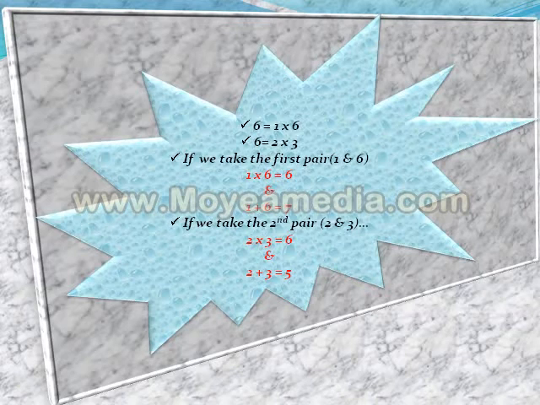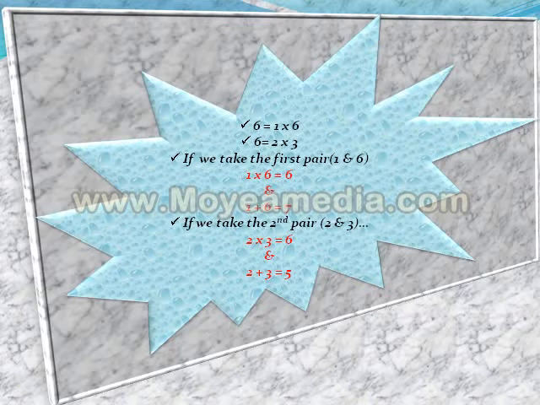Let's go with the second pair now, 2 and 3. Multiplying 2 and 3 gives you 6, which is what we are looking for. The first condition is true. For the second condition, adding the same two numbers, we get 5. So the second pair satisfies both conditions.